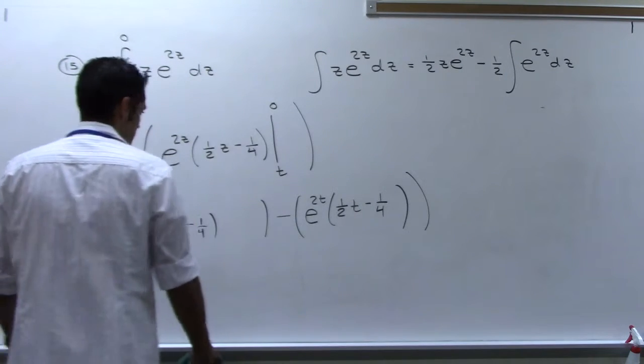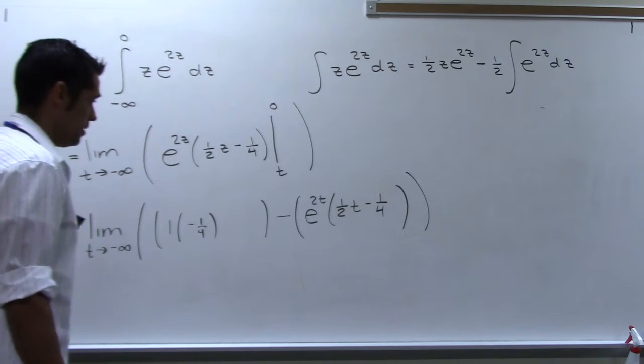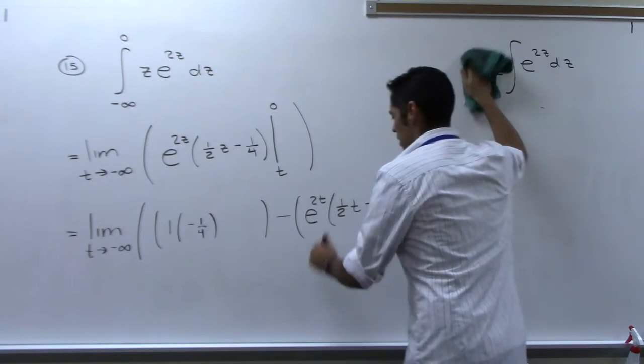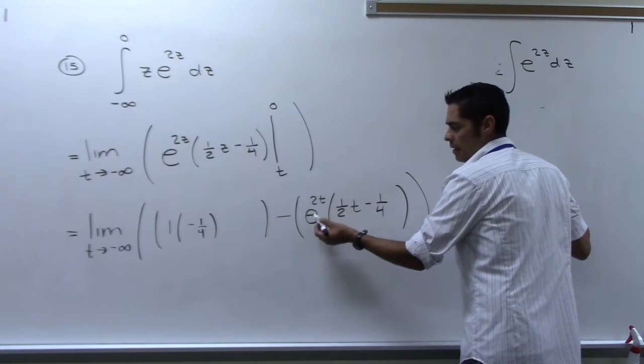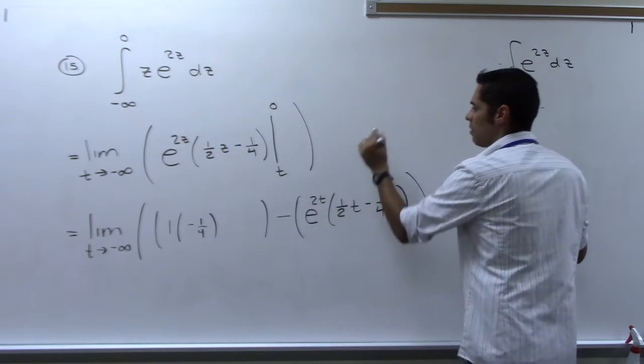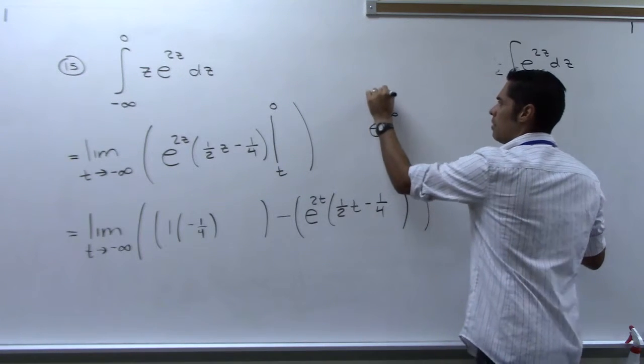Now at this point I need to plug in negative infinity. So what's going to happen here? This is a rather tricky problem because I need to figure out what happens to this. If I let t become negative infinity, 2 times negative infinity is still negative infinity. So that first piece looks like e to the negative infinity, which we already know goes to 0.